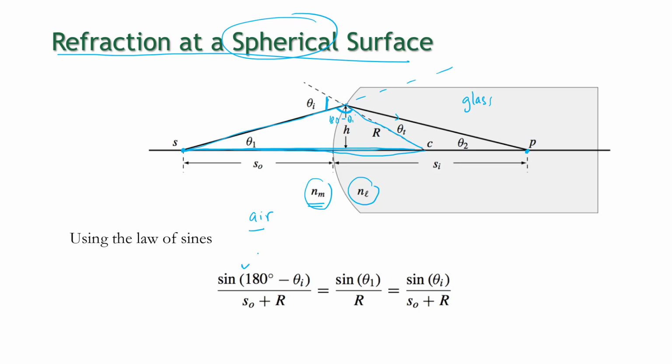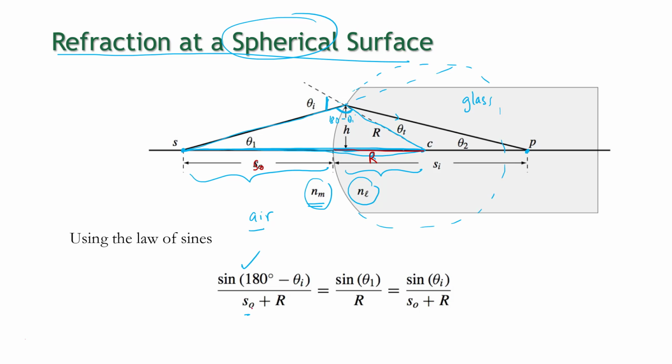So that's that angle. The opposite of that is this distance plus this distance. So that's S naught, and this distance is R. This C is the center of curvature. If you make a sphere here, this would be your center. So this is R, and that's S naught.